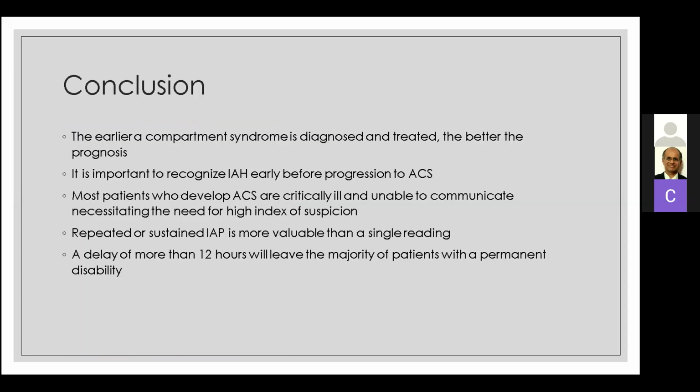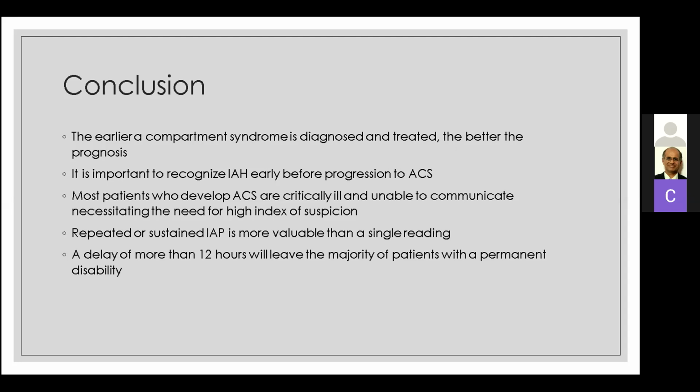In conclusion, the earlier compartment syndrome is diagnosed and treated, the better the prognosis. It is important to recognize intra-abdominal hypertension early before progression to abdominal compartment syndrome. Most patients who develop abdominal compartment syndrome are critically ill and unable to communicate, necessitating the need for a high index of suspicion.